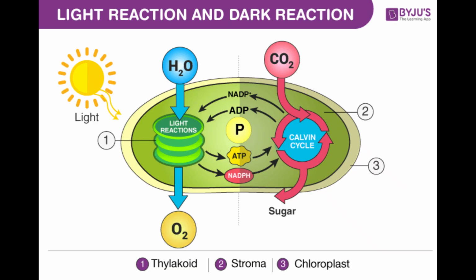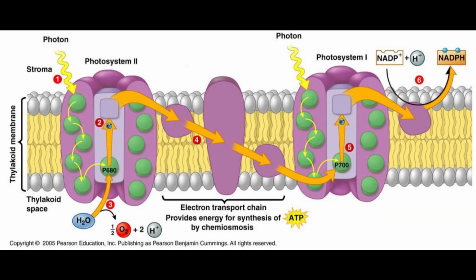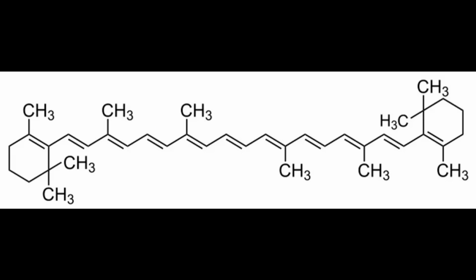The photosynthetic machinery is divided into two main components: the light reactions responsible for oxidizing water, and the dark reactions which reduce carbon dioxide. Cyanobacteria have membrane-bound compartments within their cells known as thylakoids, and within the membranes are light-harvesting protein complexes, photosystem I and photosystem II. Within each photosystem are the photosynthetic pigments chlorophyll and carotenoids.